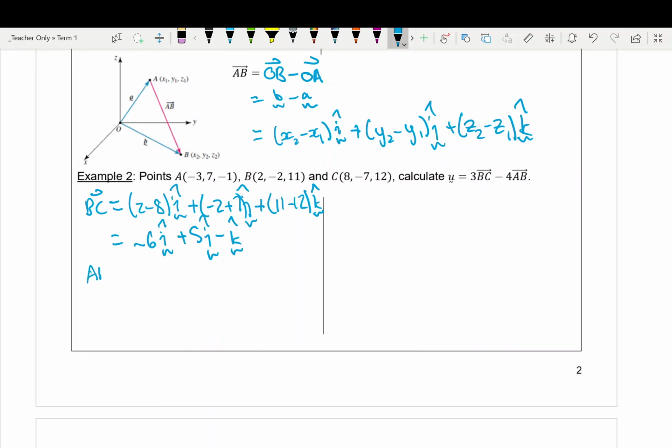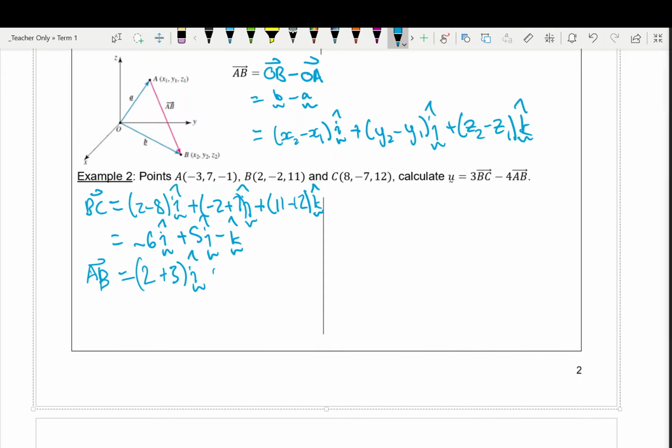Right, then for A to B, we're going to get O to B take O to A. So that's going to be 2 take -3, which is plus 3.